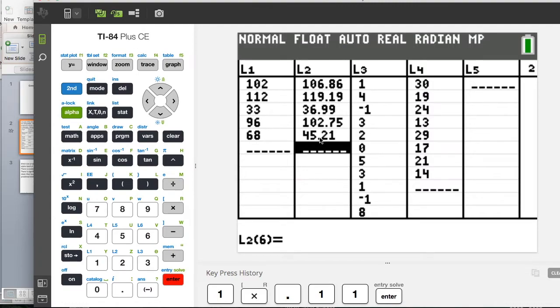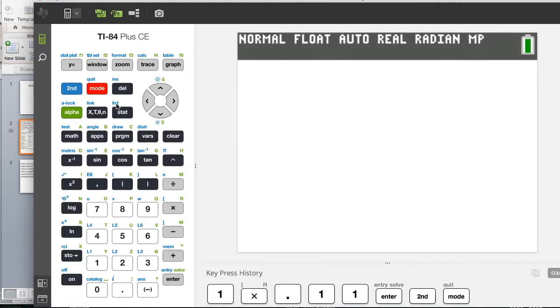So if you just copy those on your paper, list them as expected values, we can see all of them are above 5, so we are good to go. All the conditions are met. So there's my observed in L1, my expected in L2. To get my test statistic, I am quitting out of here, and I'm going to show the formula.